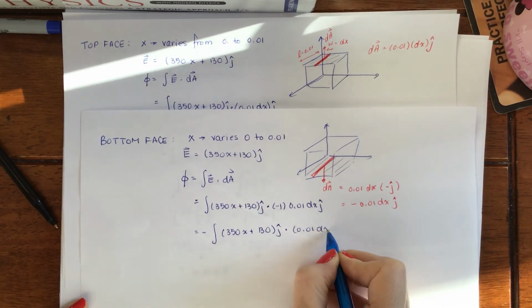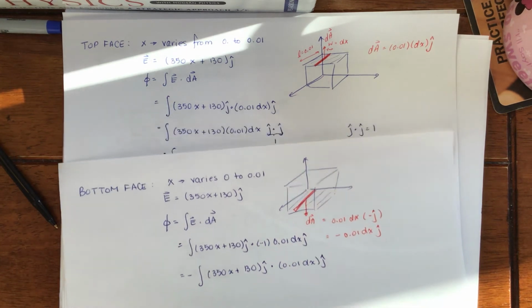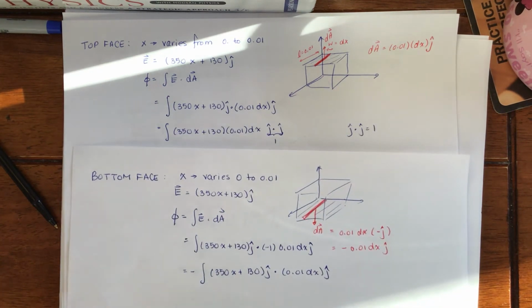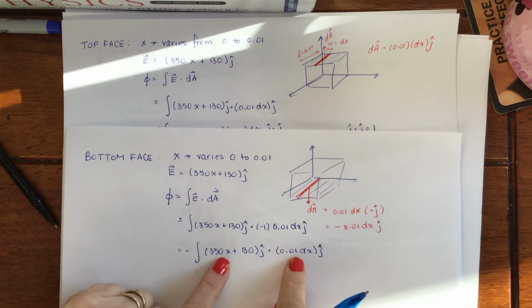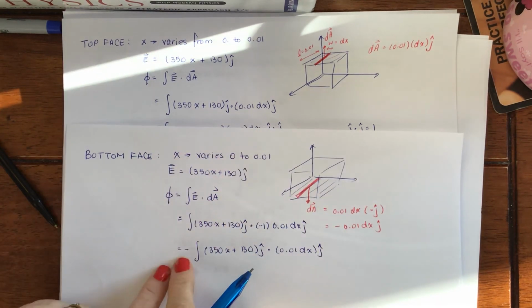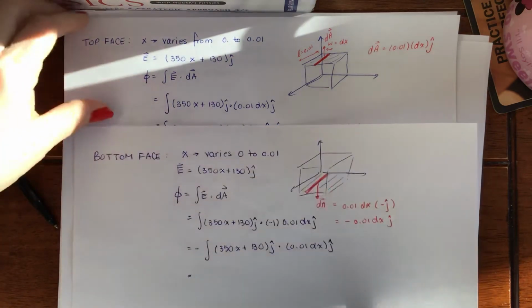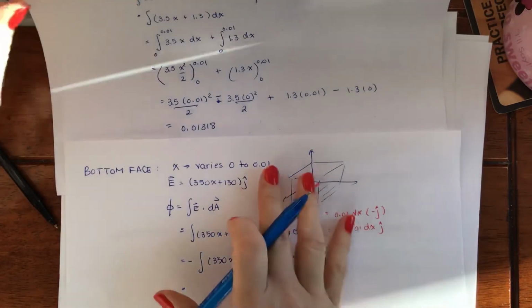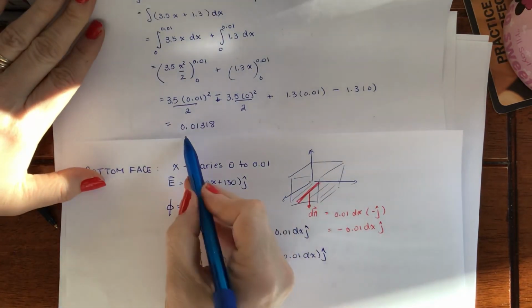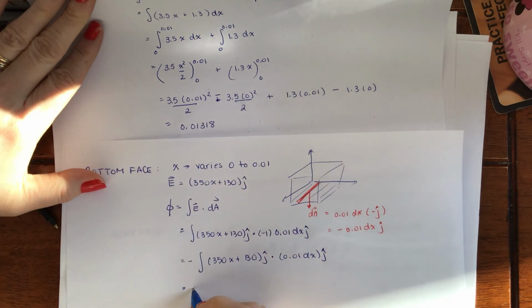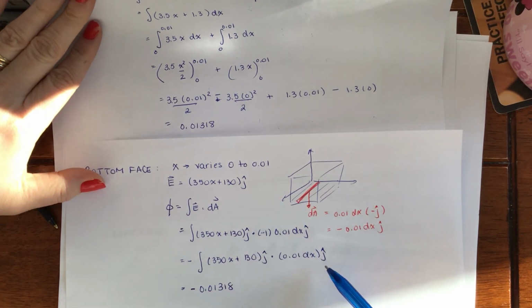Now if we look at what we did a second ago, this is the same as this, but this has the negative sign in front of it. So let's just use the result that we had last time. The result we got was that the net electric flux was 0.01318. So here our net flux is minus 0.01318. You can go through this process again for practice if you want to, but you certainly don't need it to.